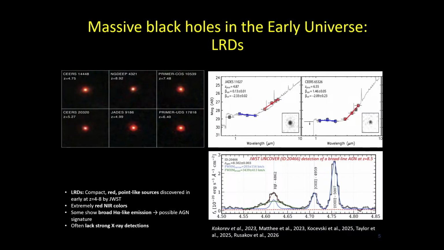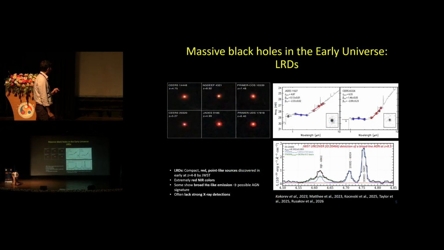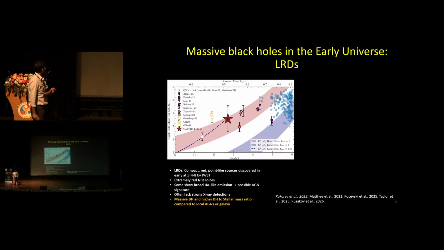This is an example of a JWST UNCOVER survey object, an AGN located at redshift 8.5. You see broad emission lines, H beta at 3000 km per second. Okay, this is huge. If we plot all the JWST-based black hole masses, here is the black hole mass and here is the redshift.